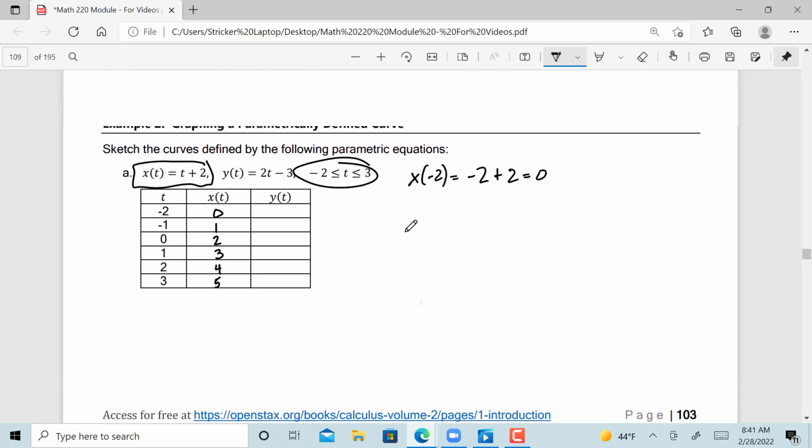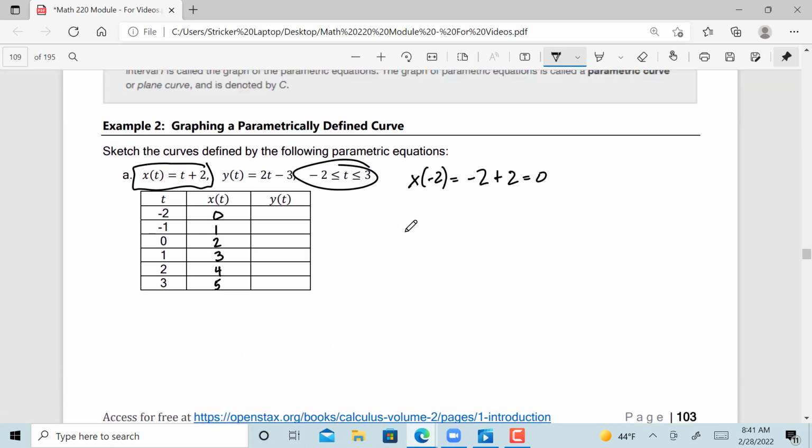y of t is equal to 2t minus 3. So when t is equal to -2, we get 2 times -2 is -4, minus 3 is -7. And we could continue in this fashion. Next one is -5, and -3, and -1, and 1, and 3.